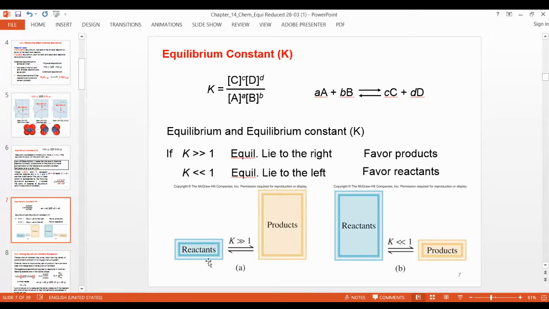The first condition, A, is K greater than 1. So remember, for greater than 1, the reaction proceeds in the forward direction. If less than 1, the reaction proceeds in the reverse direction, meaning the products change to reactants. Any question now? Clear, Doctor.